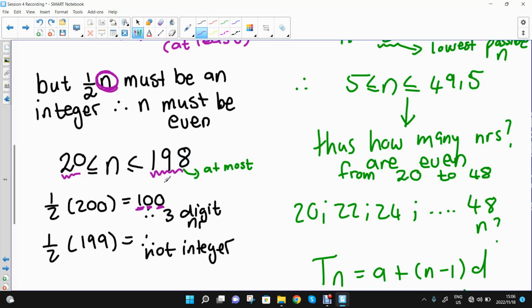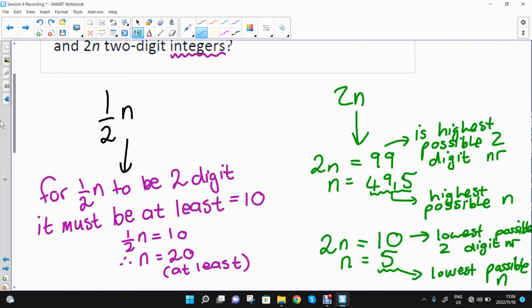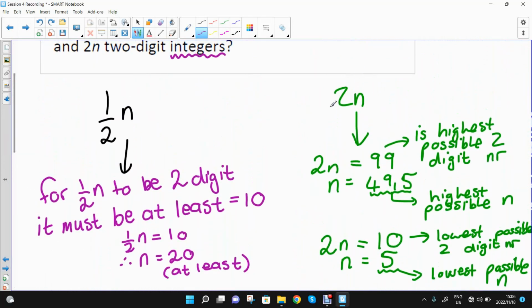But now I also need to consider the answer for 2n. On the right hand side here, I investigated what's going to happen if I multiply something by 2. And remember, I want an answer that is a 2-digit number. The biggest possible 2-digit number I can get is 99.